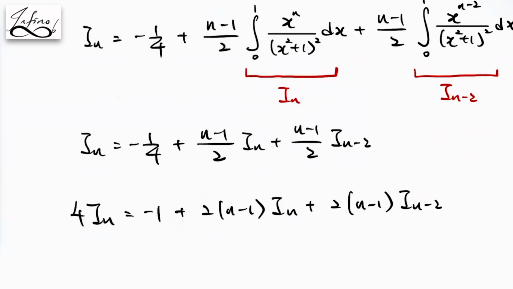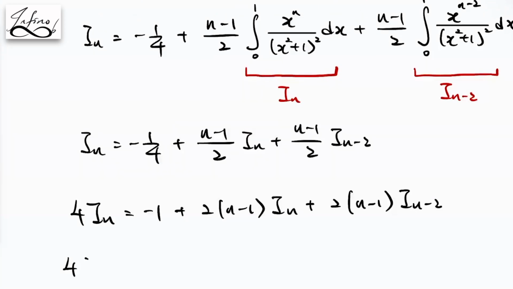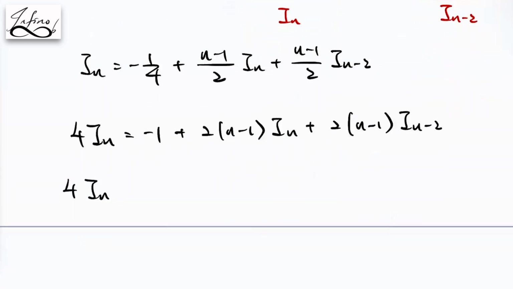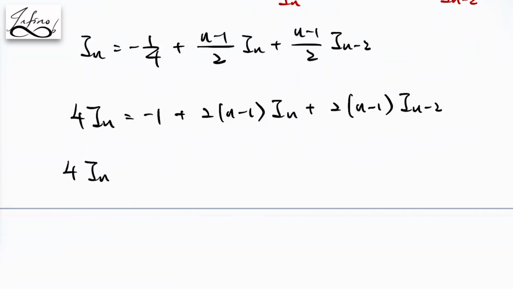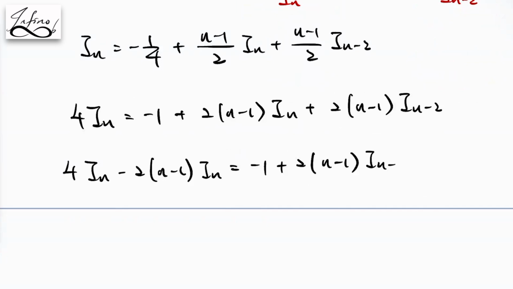And now we'll just simply group the like terms. So I have 4 I_n and then minus 2(n minus 1) I_n equals negative 1 plus 2(n minus 1) I_(n-2). So here I take out the I_n, and that's why I have, I also take out the 2 maybe.